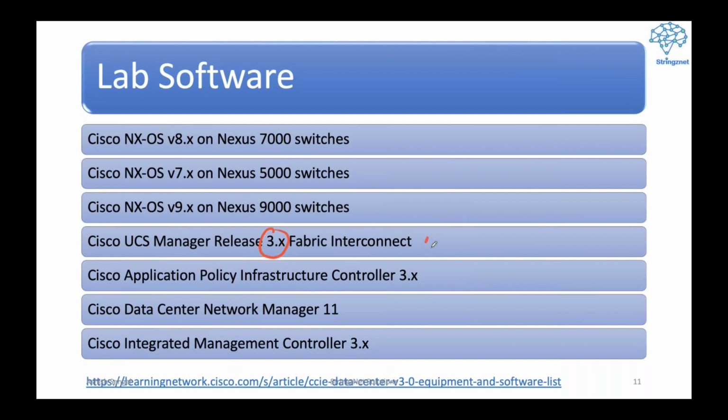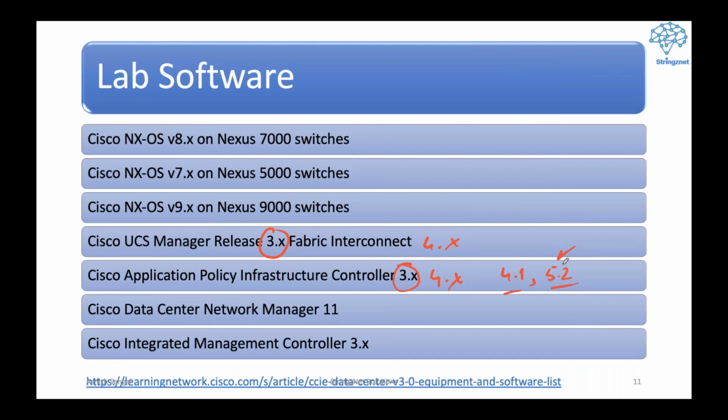We are using 4.x, and in ACI it is not 3.x, it is 4.x. What we will be doing in our lab, we do have leverage to work on 4.1 as well as on 5.2 version. The 5.2 version of the controller is the latest version where we will be working as well.